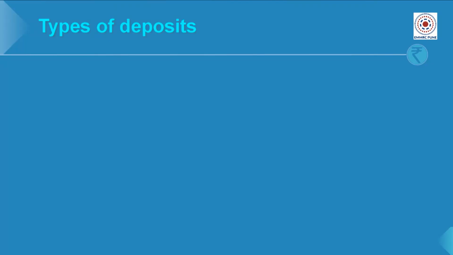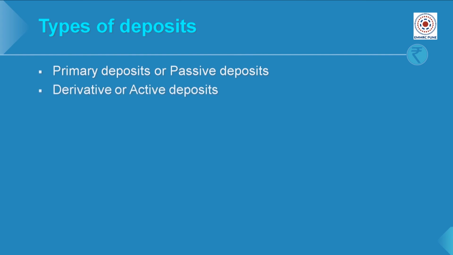These deposits are of two types: primary deposits or passive deposits, and derivative or active deposits. If I go to the bank with certain amount of hard cash or a draft or a check, open an account, a deposit is created, and this deposit is called as the primary deposit.